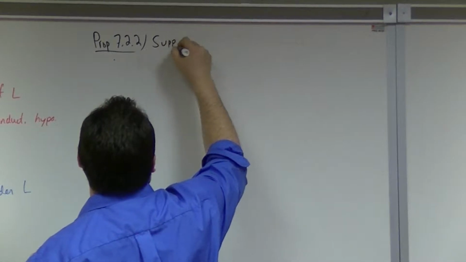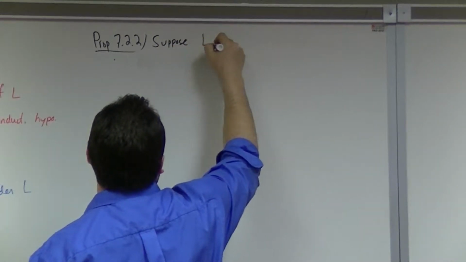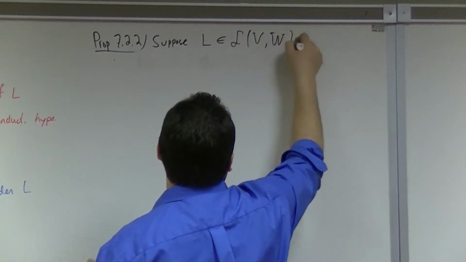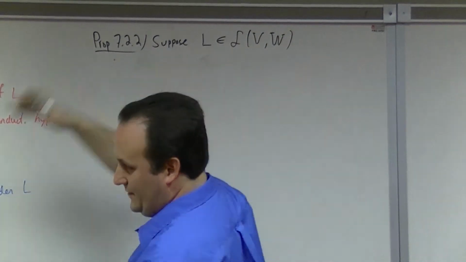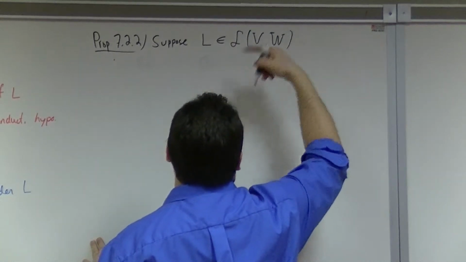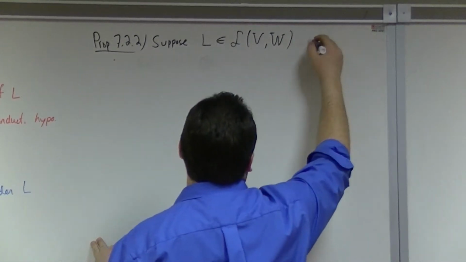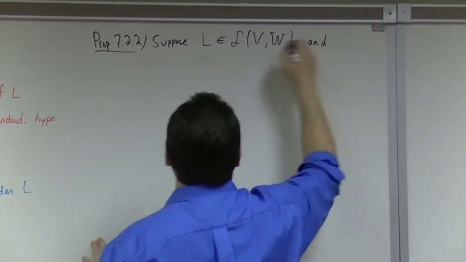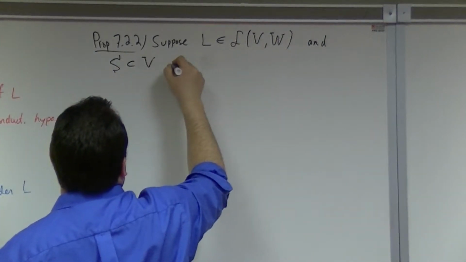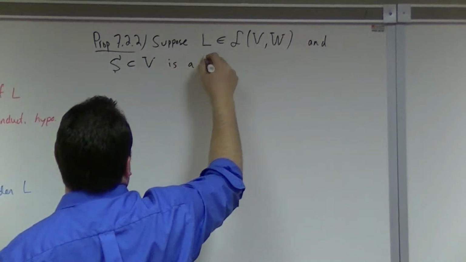Suppose L is a linear transformation from V to W. V and W will be vector spaces throughout this whole lecture, so let me stop saying that, or writing it at least, all right? So suppose L is a linear transformation from V to W, and S is a subset of V that is a linearly dependent set.